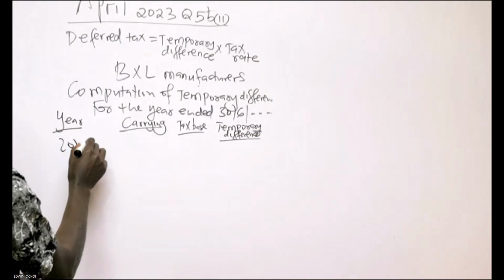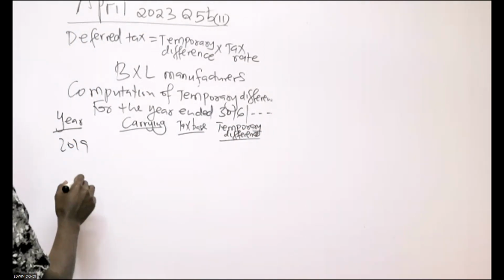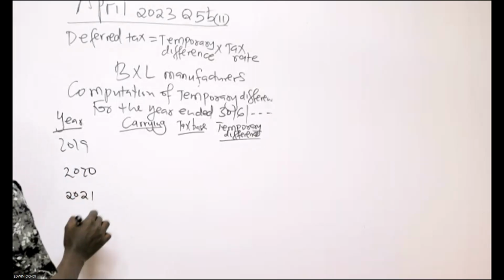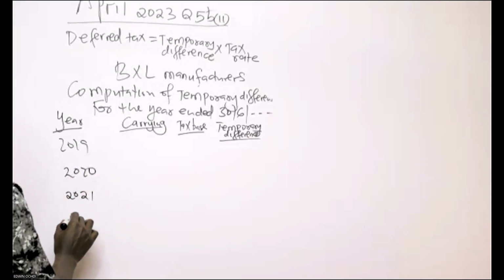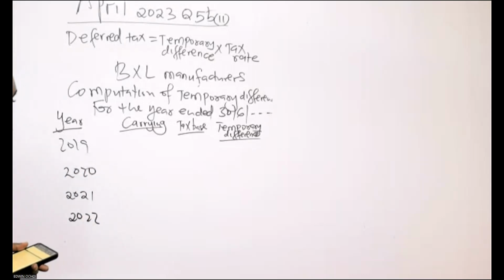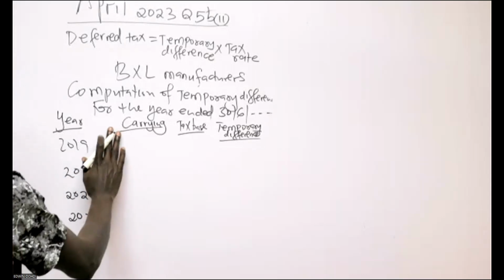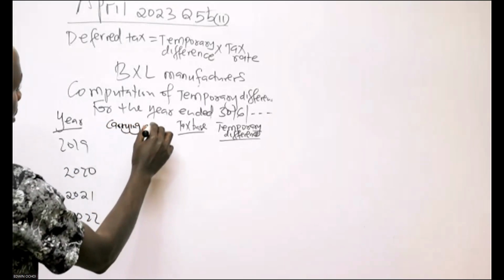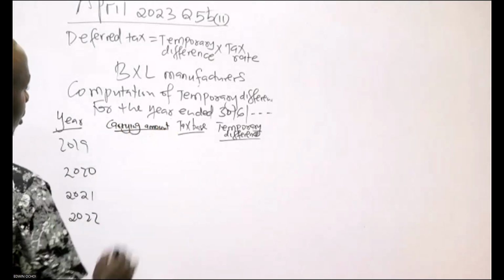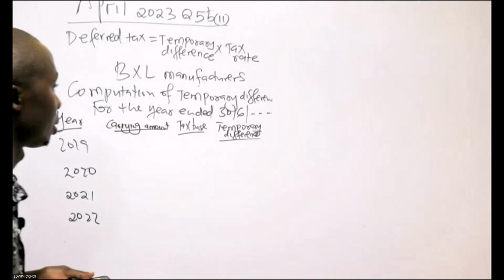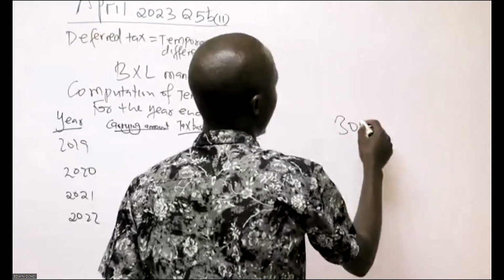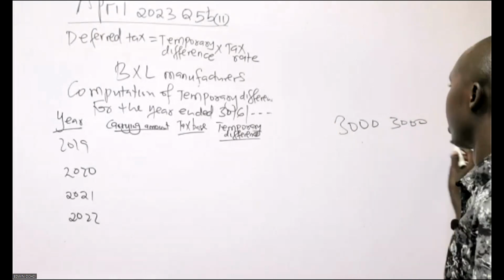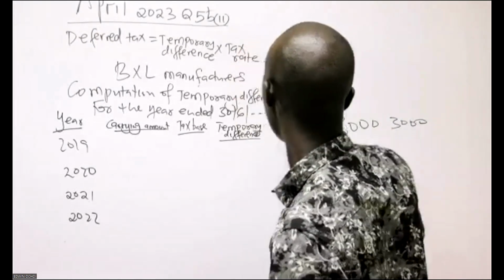So we have 2019, year ending 2020, 2021, 2022. To get your carrying amount, it is cost minus accumulated depreciation. Remember that our depreciation was 3,000 on a straight line basis, and the value of the asset is 12,000.